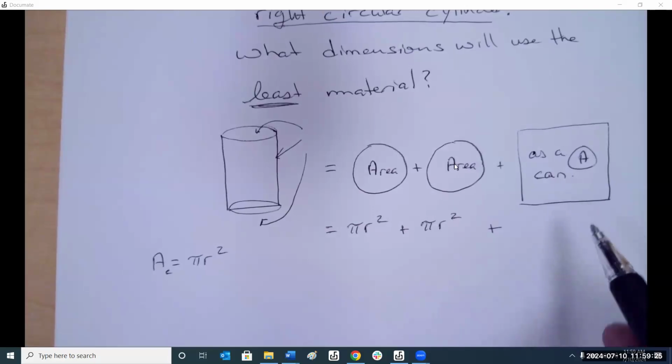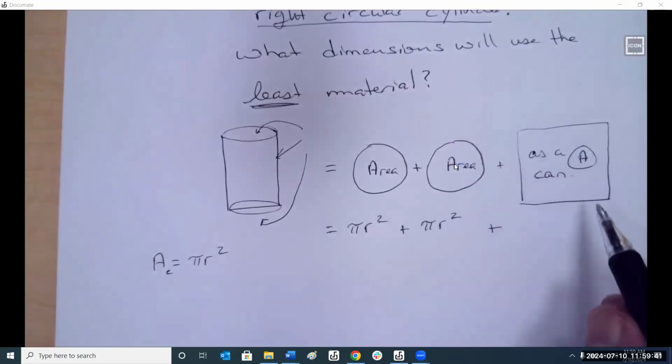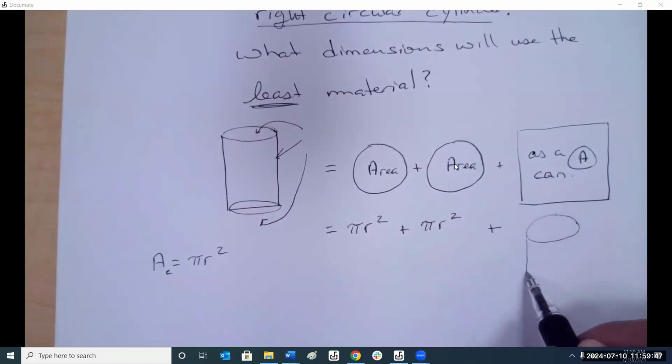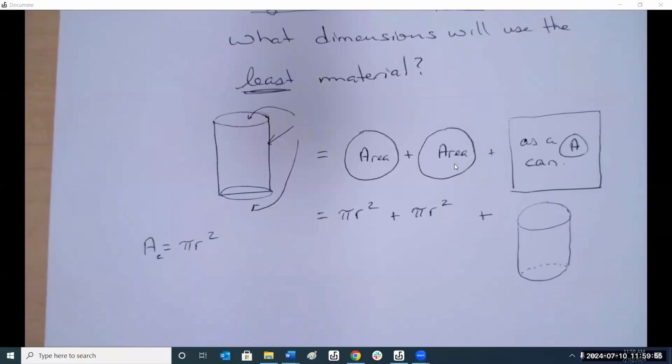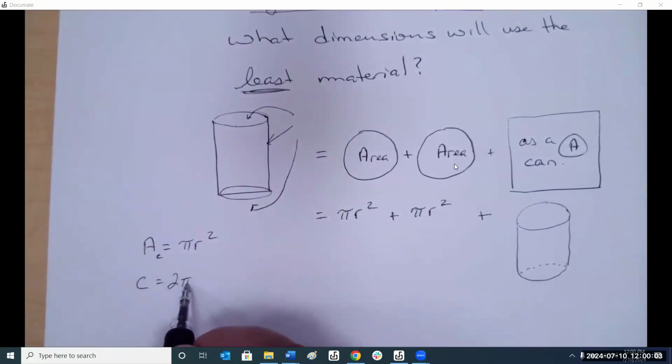Now, this sheet is the outer sheet of the can. It's got to have a base and it's got to have a height. So think about what's inside, just the sheet of the can, just the outer shell of it. Remember, we only want the outside, so the circumference is 2 pi r.